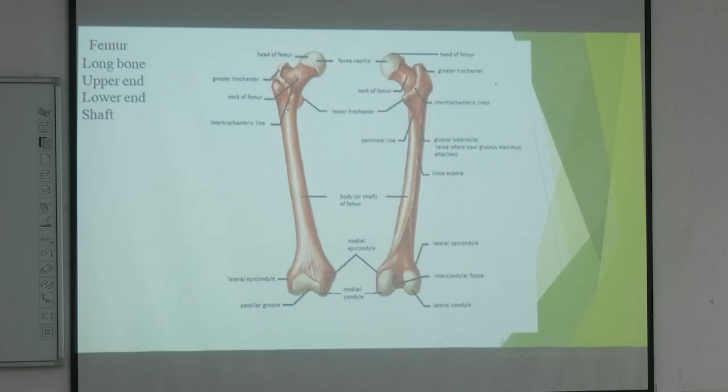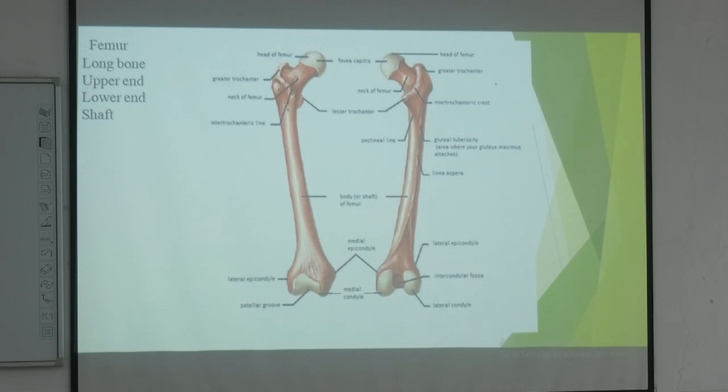Okay, that's it. So you see this part, we call the upper end. This part, lower end, in between the shaft. Rounded, cylindrical. Now we talk about this particular part, the upper end, then we come to the shaft, then the lower end. There are some features present in the upper end. This part which is projected here, we call the head.